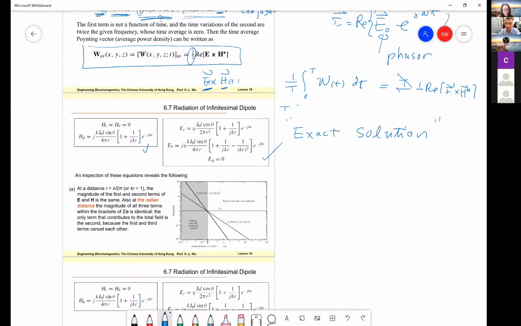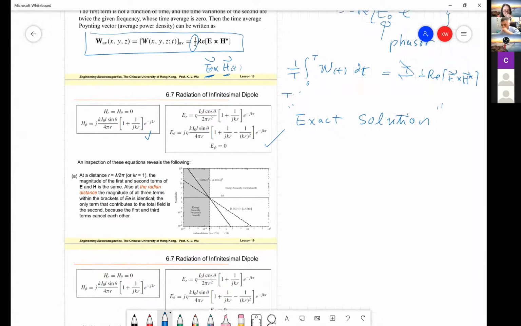Now we have the electric field and the magnetic field. Let's take a close look. For the magnetic field, we have terms related to 1 over R, and also 1 over R squared terms.